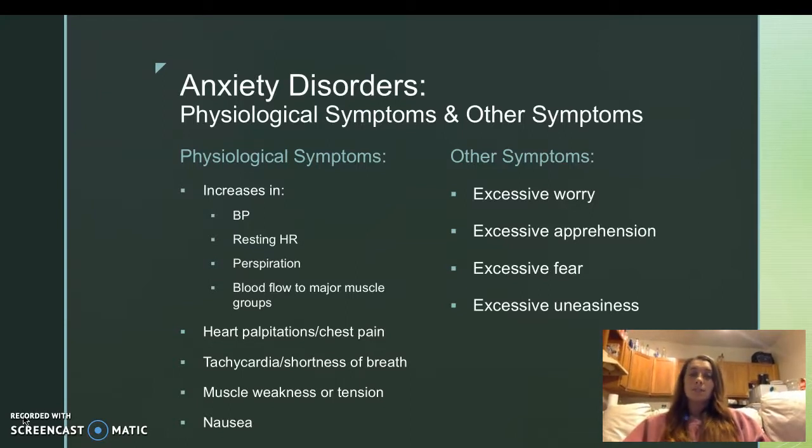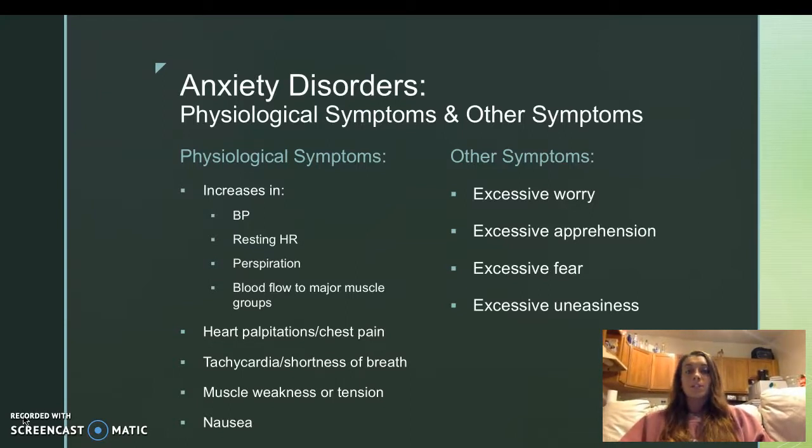Other symptoms include excessive worry, excessive apprehension, excessive fear, and excessive uneasiness. However, those symptoms are harder to define because the line between excessive and non-excessive is a little blurred. It's not quite black and white, so it's hard to say whether someone definitely has those symptoms versus definitely does not, whereas the physiological symptoms are much easier to measure.